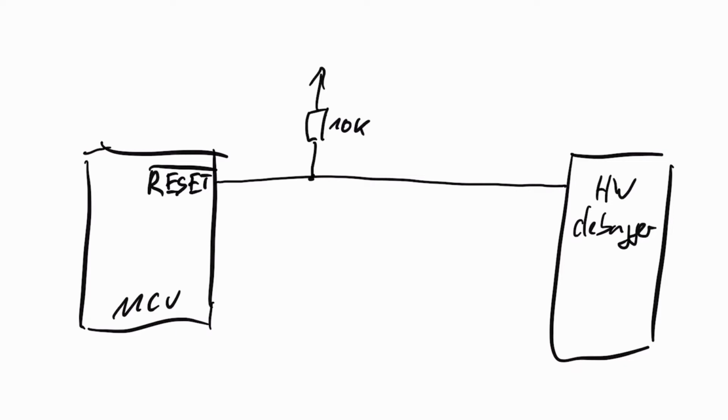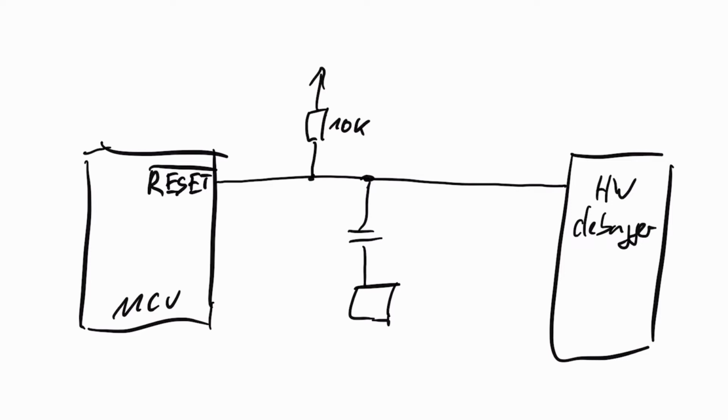And it also doesn't work if you have a capacitor that is connected to ground or to VCC or to some other external device, because then we don't get any signals across this line. And if we don't get the signals across the line, then it can happen that you can move your target into debugWIRE mode, but you don't get it back to normal mode.